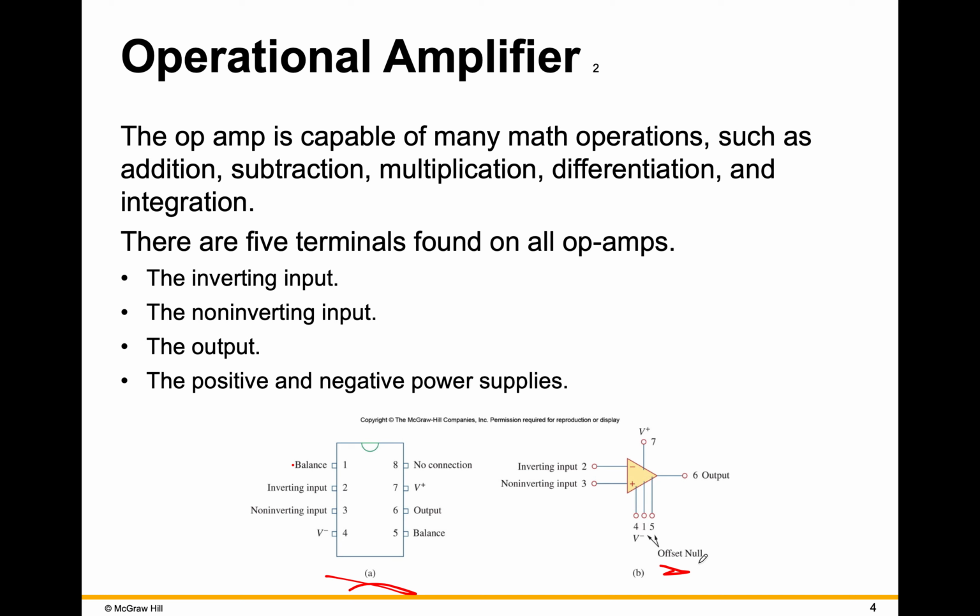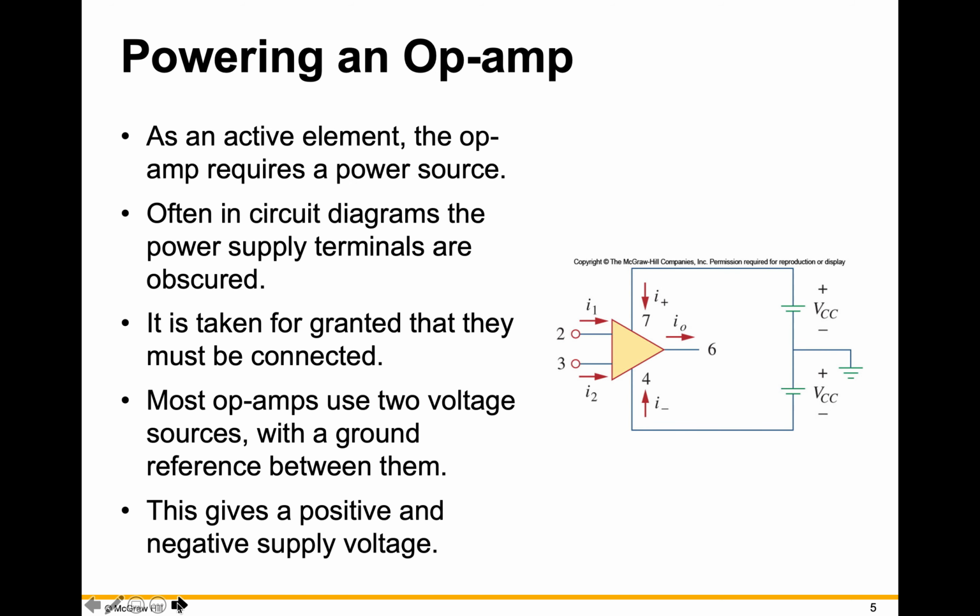The offset null: a lot of times a real-world op-amp will introduce a slight shift in DC, and so you can use these little adjustments to re-zero your zero voltage. Those are practical things that make a difference in the lab.